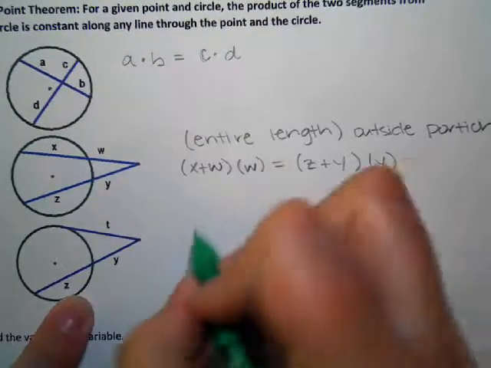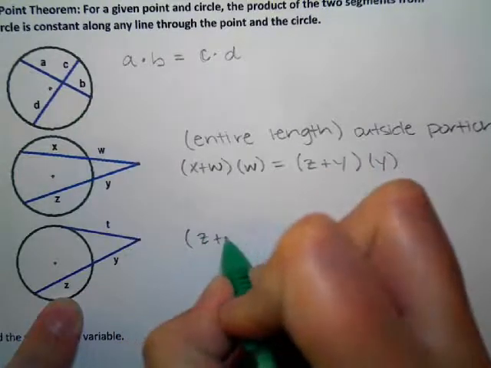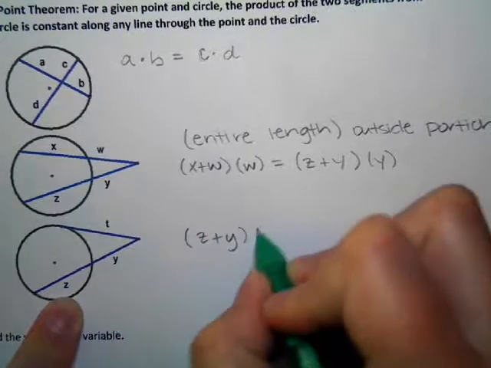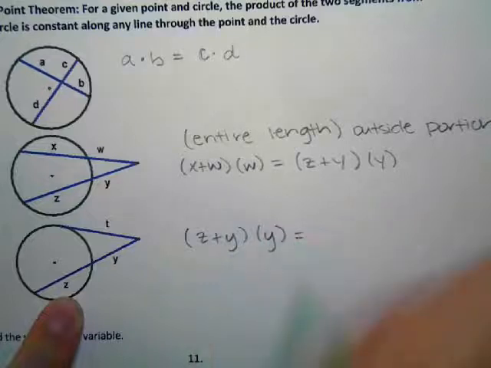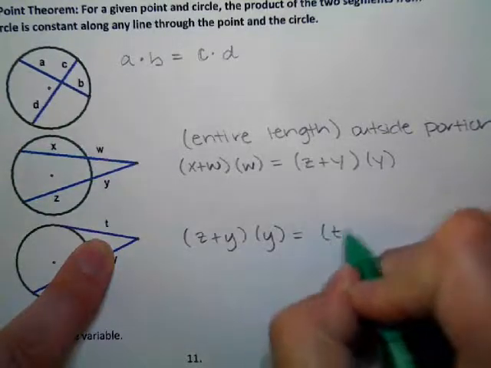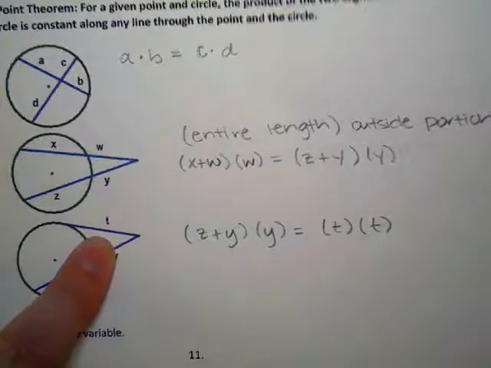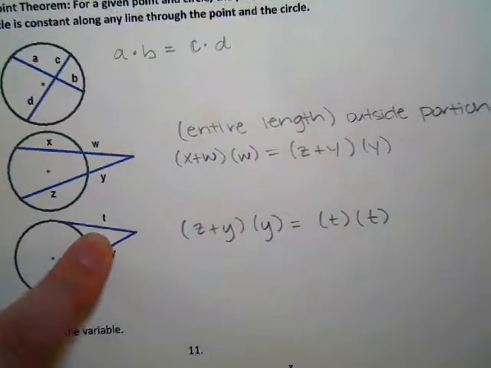I'll do the bottom part first. So the entire length is z plus y times the outside portion is y. And then for this one, what's the entire length? T. And then what's the outside portion? T. So it's the entire length times the outside portion.